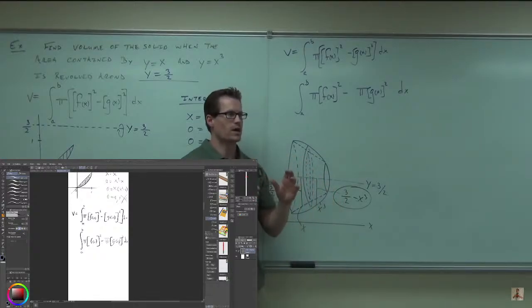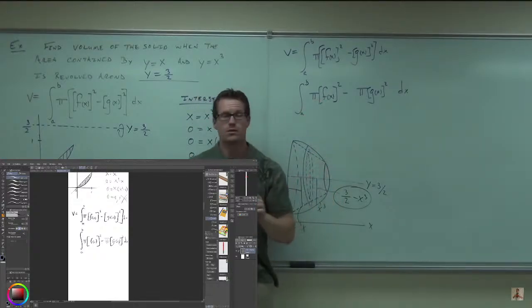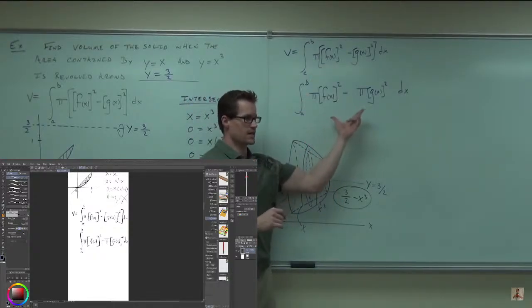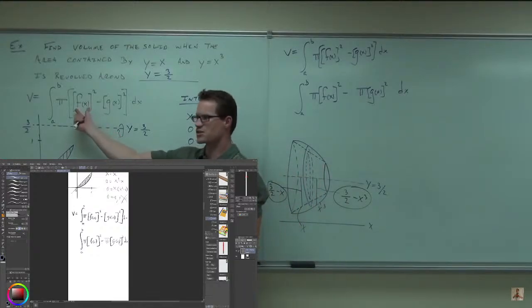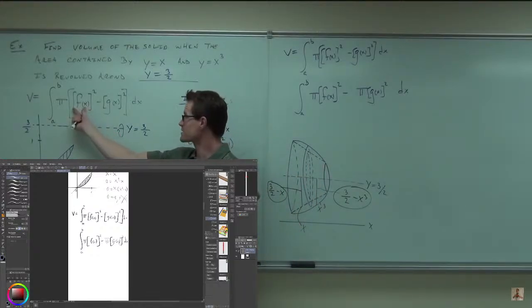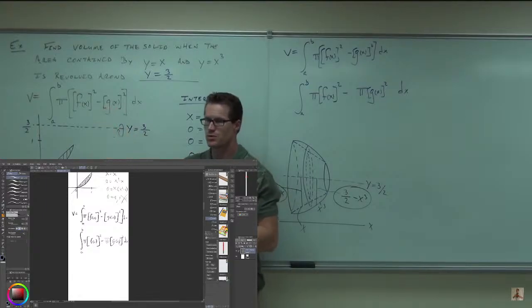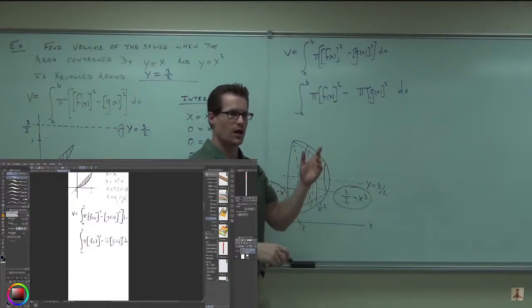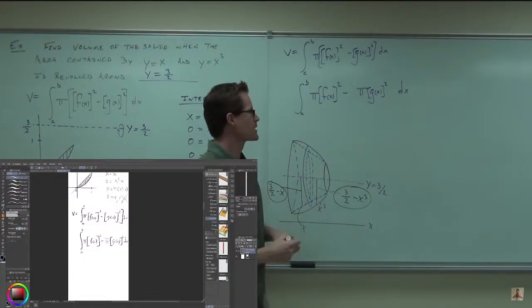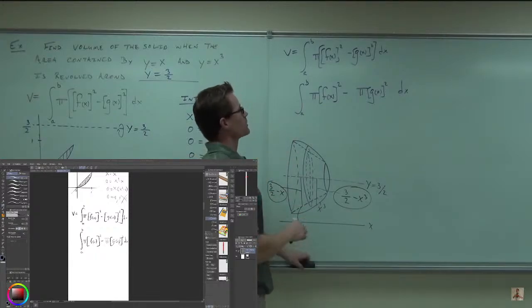Now, we're going to go ahead and fill this out actually, using this idea. This was the radius, that's why I walked you through this. This was the radius, this is the radius, correct? So for us, when we have y equals a constant line and we're going around that actual axis, it's going to augment this just a little bit.